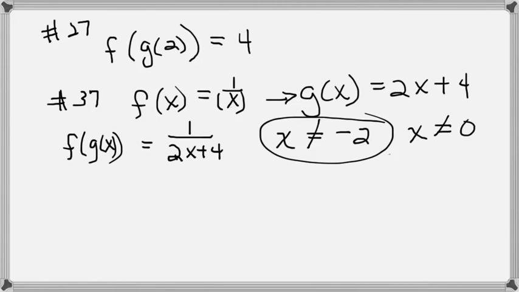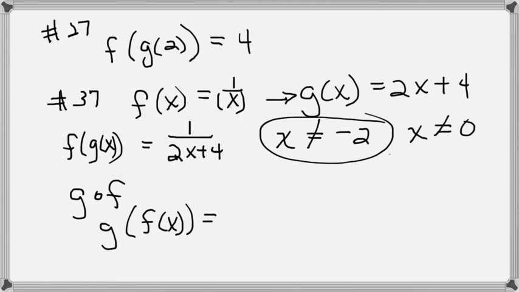Now let's find g of the function f, or that's the same thing as g of f of x. So let's get the function for g, which is 2x plus 4. And we'll put in the place of x, the f of x, plus 4.